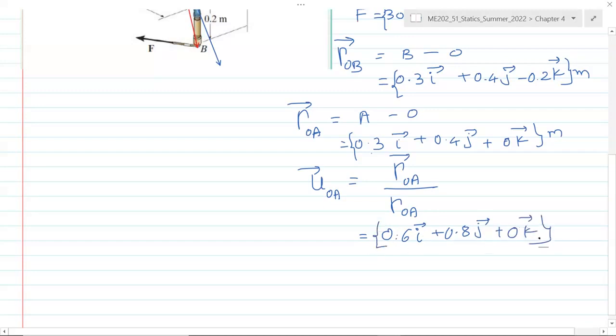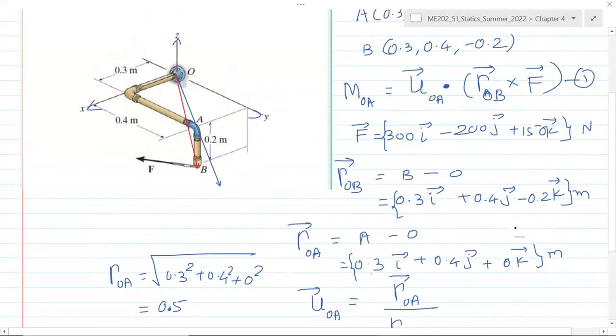And this does not have any unit because it is unitless. Basically, you divide each component by 0.5: 0.3 divided by 0.5, 0.4 divided by 0.5, and 0 divided by 0.5.